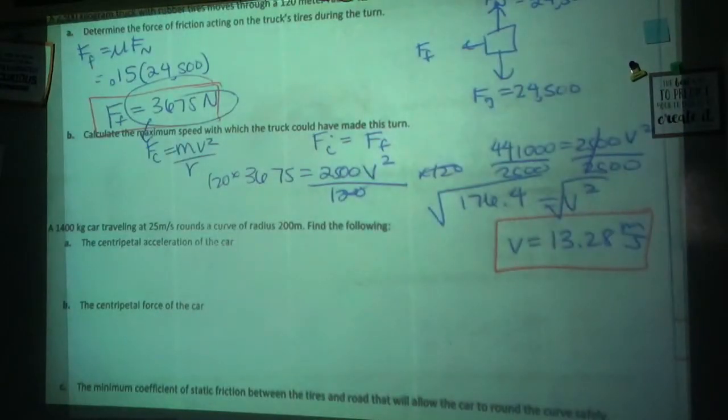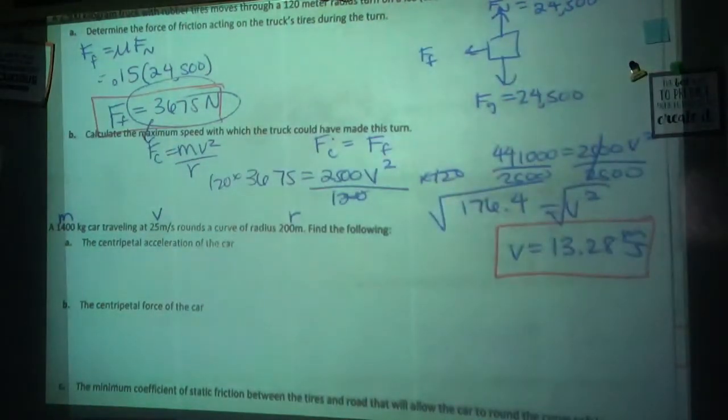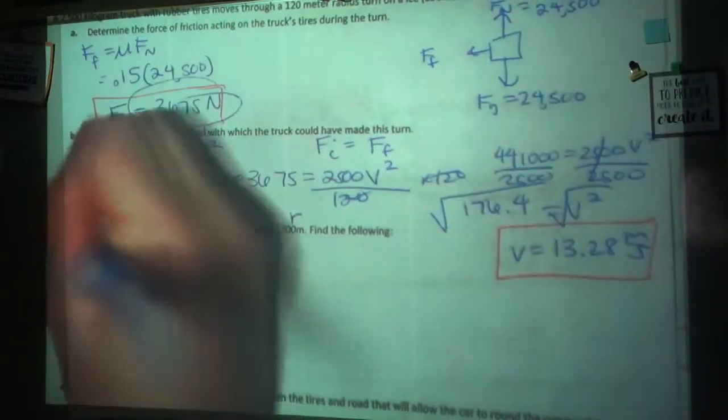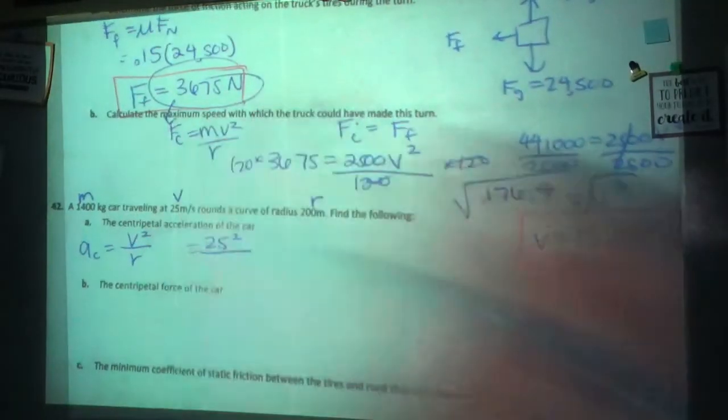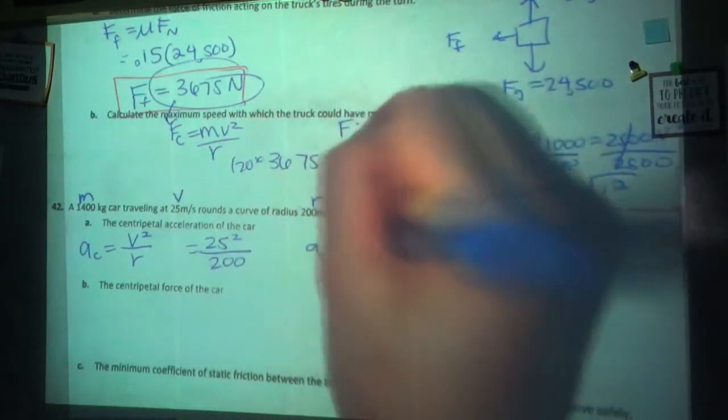And 42, I have a mass, it's traveling some velocity around this radius. I want to find the centripetal acceleration. That's easy, it's v squared over r. My velocity was 25 and radius was 200. So that gives me a centripetal acceleration of 3.125.